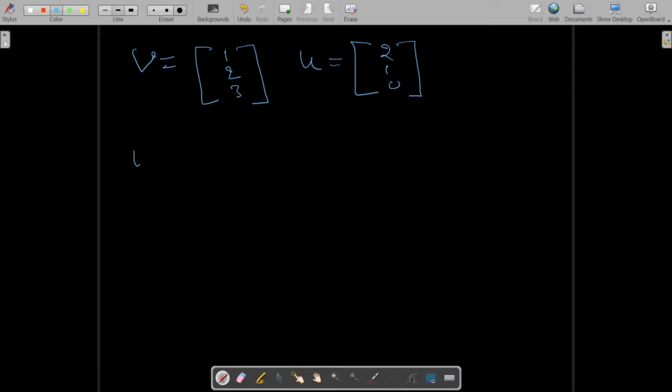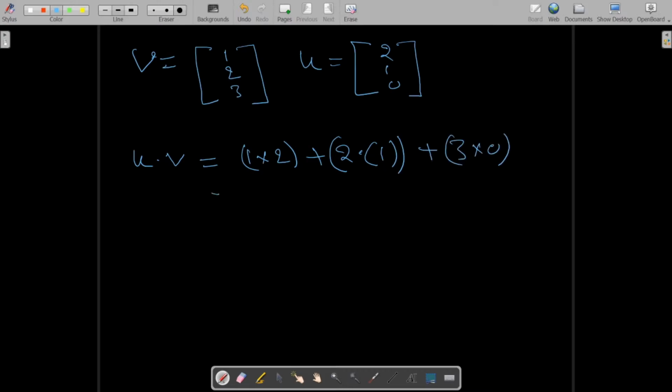When you calculate u dot v, the dot product of u and v, it is nothing but 1 multiplied by 2 plus 2 multiplied by 1 plus 3 multiplied by 0. This will come to 2, this is also 2, and this is 0. So the dot product of this is 4.